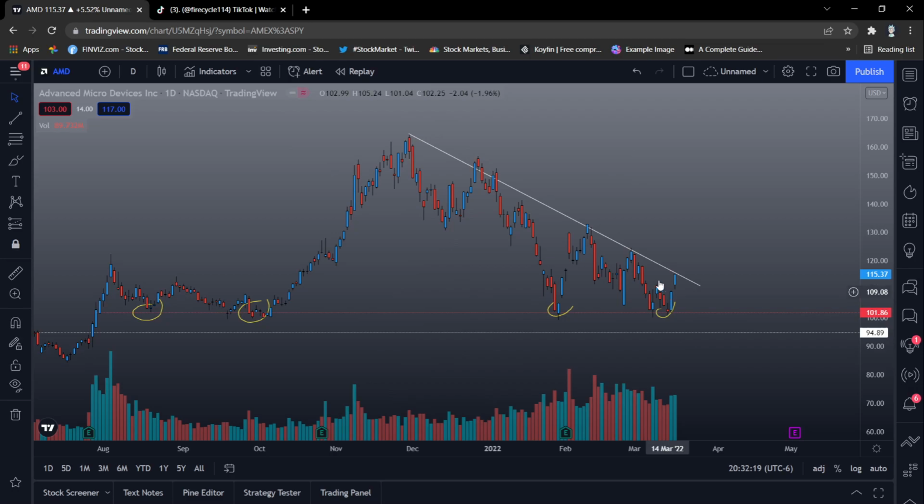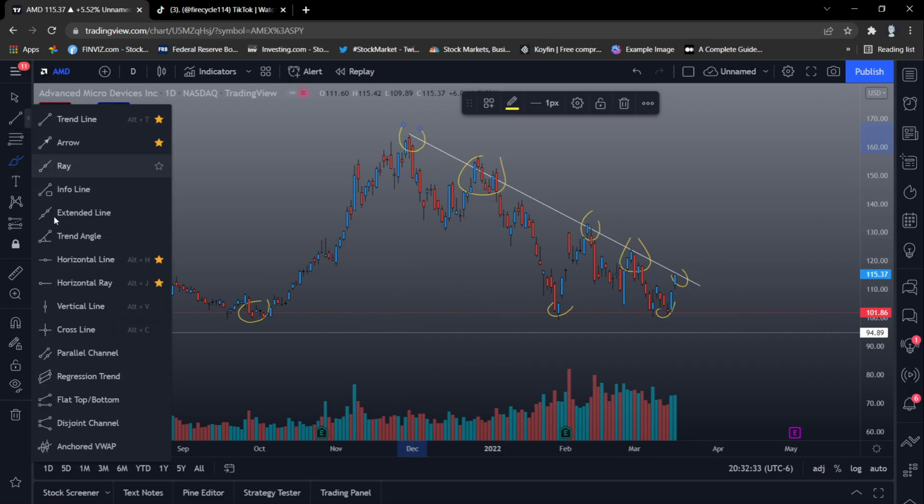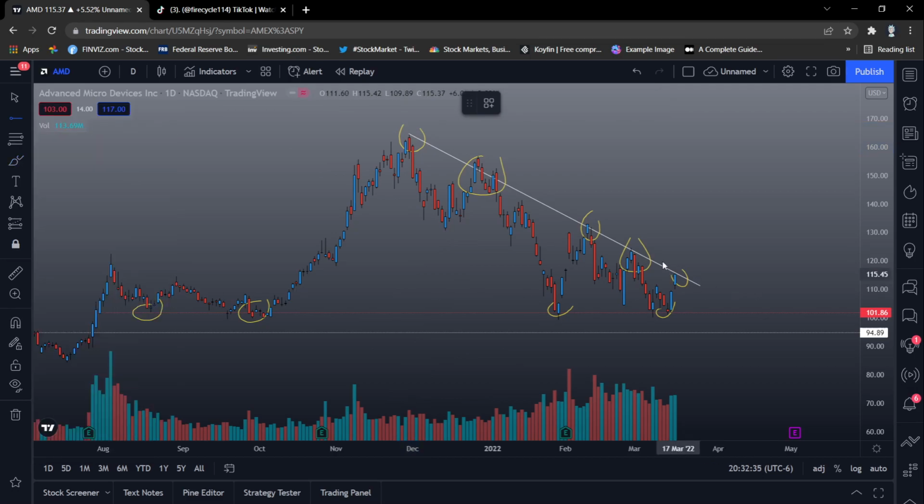As you guys can see with AMD, we're at a major level of resistance. We tested this resistance around 4 to 5 times on the daily time frame, and we're looking to break 116. If we break that, we gap up at market open. Our next price is 123. One thing to keep in mind with downtrend breakouts is that we need to be above the resistance we broke to be bullish.